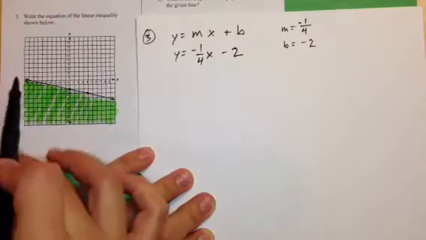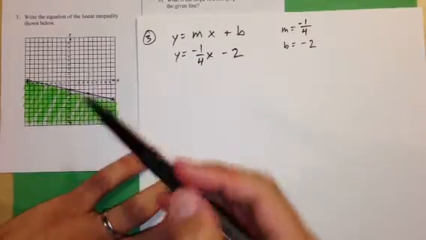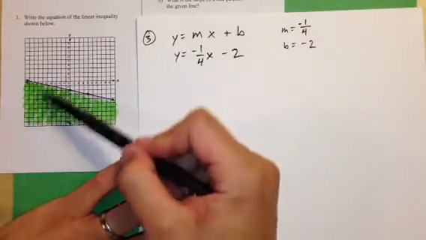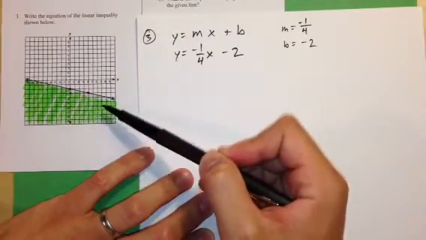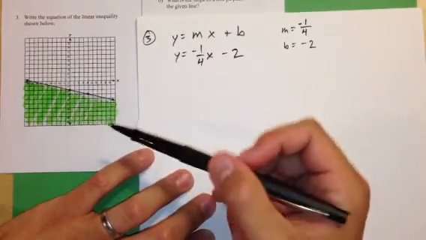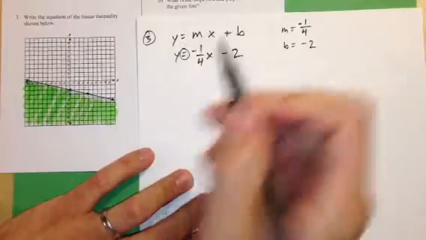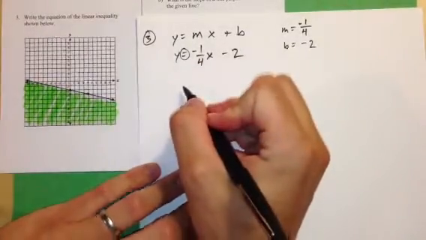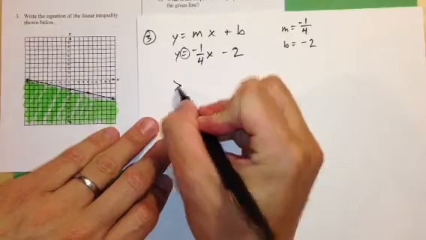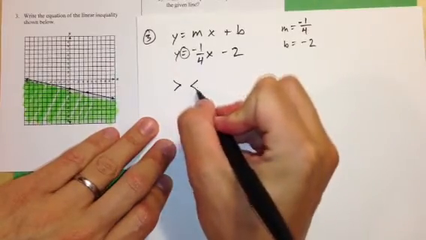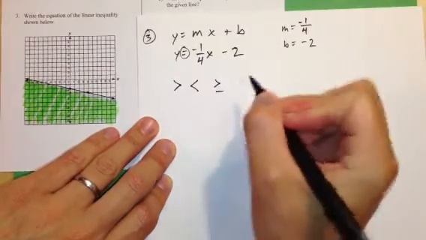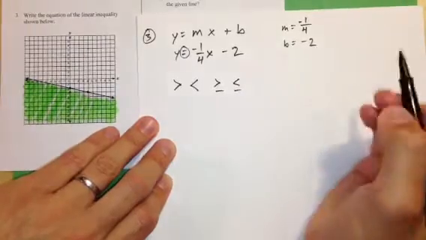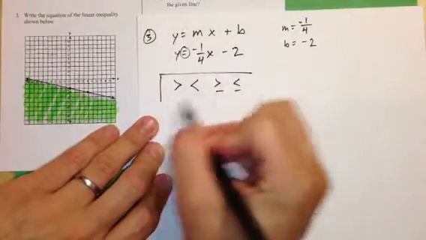That would be fine if it was just the line. But now we have to account for all of these points over here that also make this true. So we're not going to use an equal sign, we are going to use an inequality. The inequalities we choose from are greater than, less than, greater than or equal to, or less than or equal to.